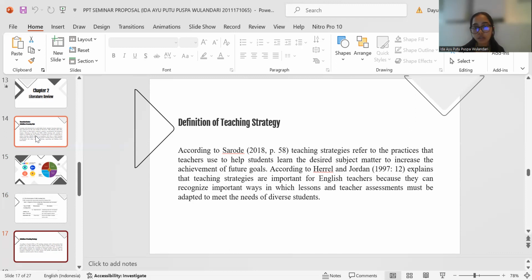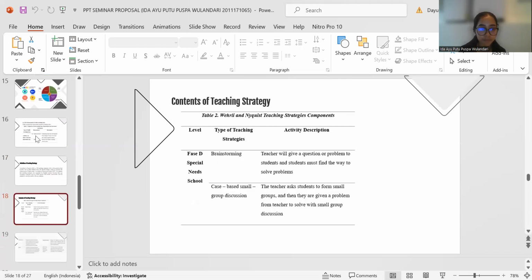And also according to Harold and Jordan, 1997, page 12, teaching strategies are important for English teachers because they can recognize important ways in which lessons and teacher assessment must be adapted to meet the needs of diverse students.